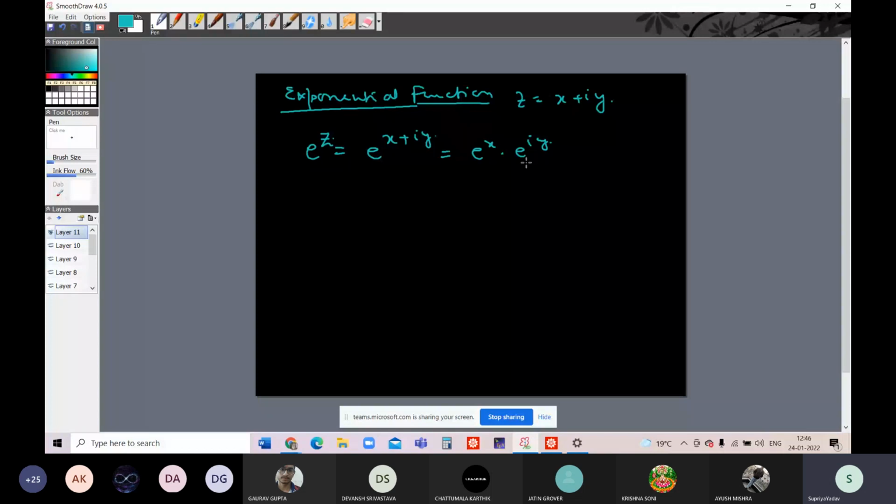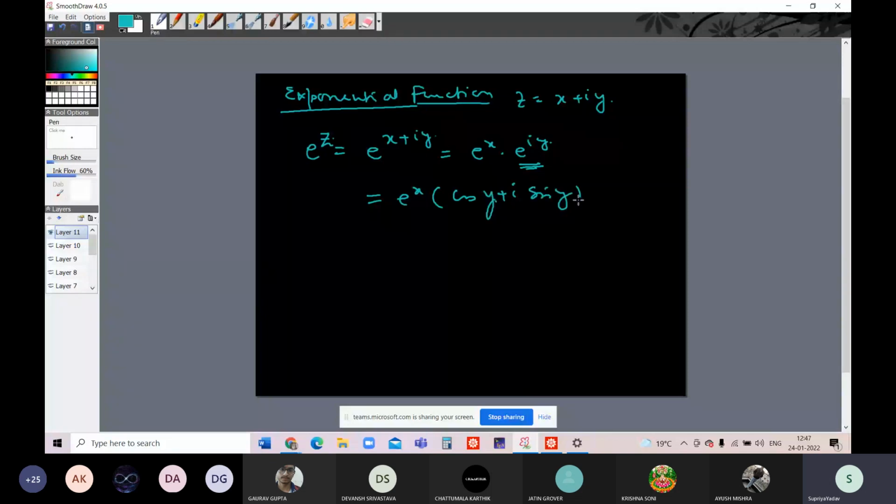By using Euler's formula in place of e to power iy, we can write e to power x into cos y plus i sin y.